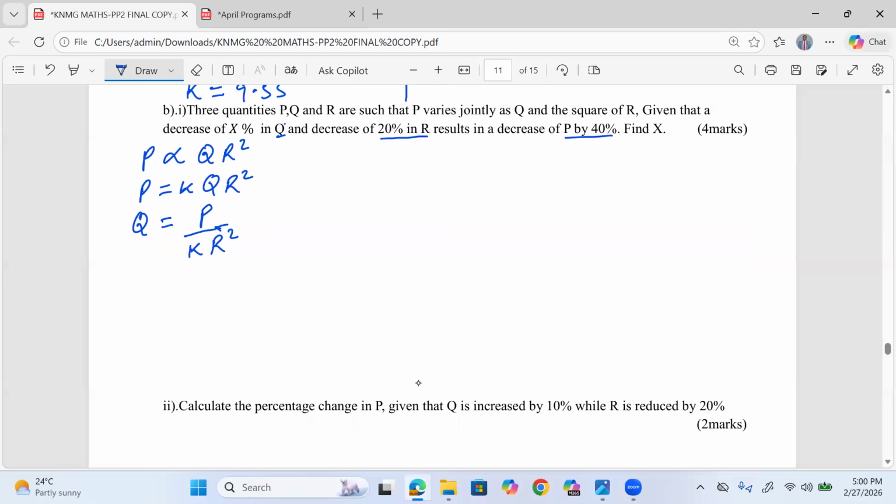So this is the original Q. What about the new P?